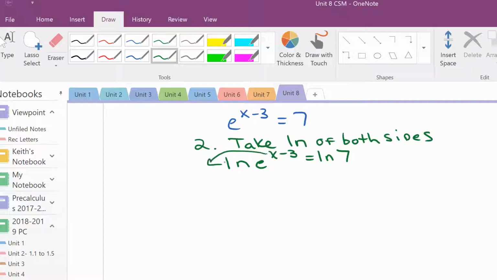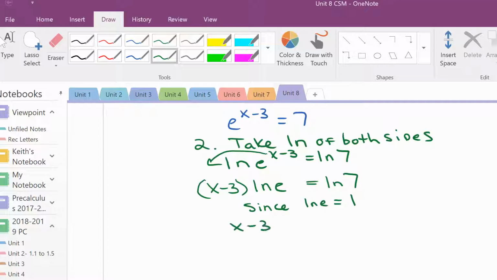So you roll this to the front and you get x minus 3 ln e equals ln 7. Well, the ln of e is equal to 1, so therefore it's just x minus 3 equals ln 7. And then you add 3 to both sides, so you get x equals ln of 7 plus 3.